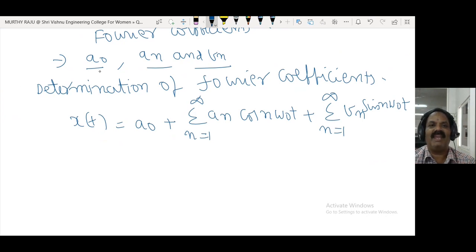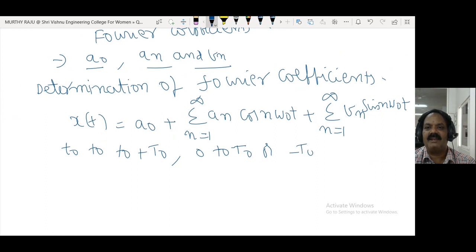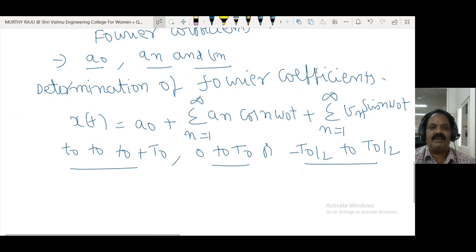First, we have to determine a naught, the DC component of that Fourier series expression. Integrate x of t over an interval. The interval can be defined as t naught to t naught plus T naught, or 0 to T naught, or minus T naught by 2 to T naught by 2. We can use any interval for determination of a naught, an, and bn.